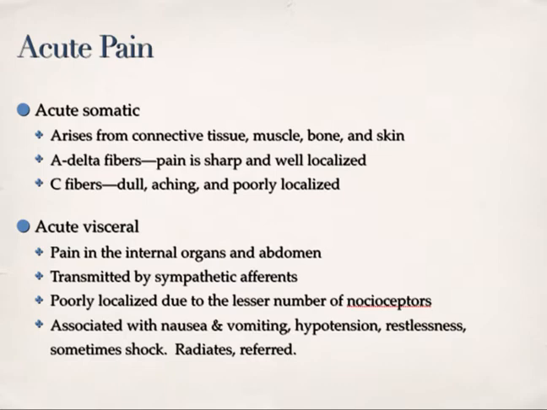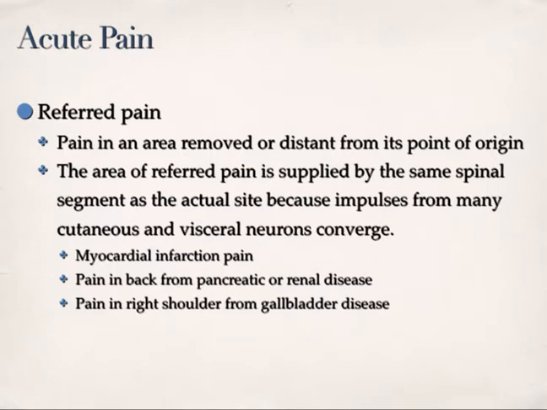It's heavily associated with things like nausea, vomiting, changes in blood pressure, restlessness. Obviously, if it's an underlying significant issue, shock, if that's like peritonitis or something like that, obviously you worry about that too.